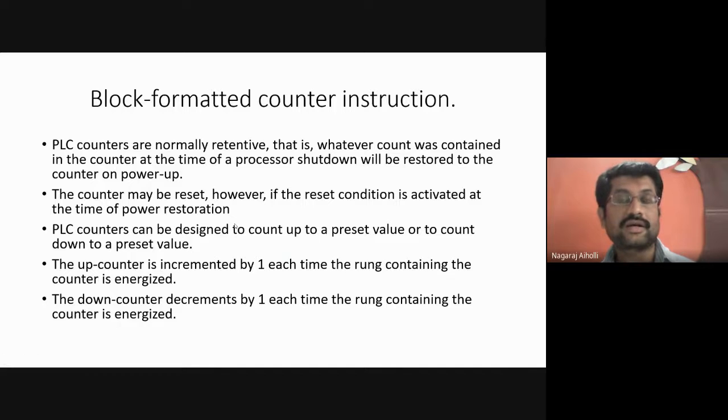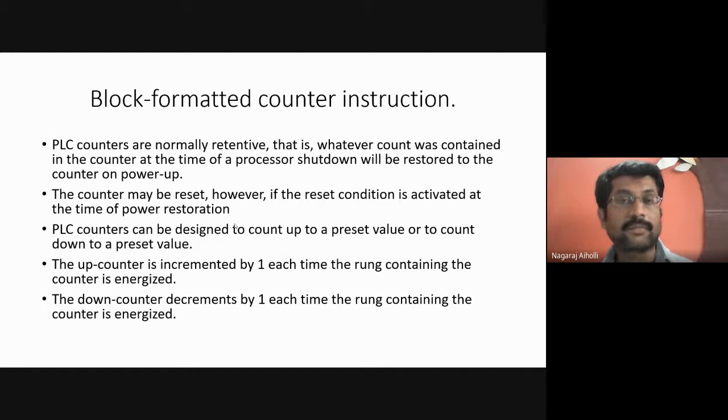Suppose there is a counter under operation, which is counting, and then suddenly the power supply goes off. You might expect the counter value to become 0, but it will not. When you turn on the power supply again, the accumulated value will remain whatever value it had previously.